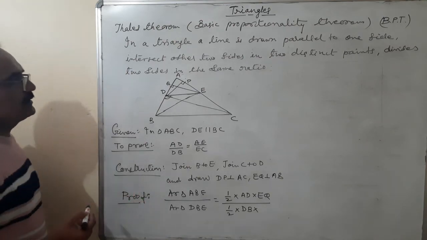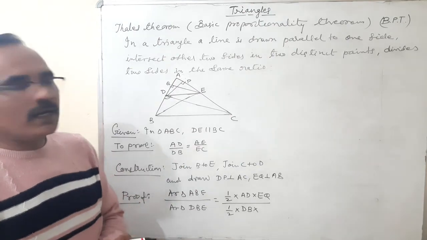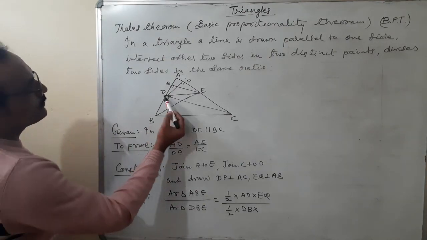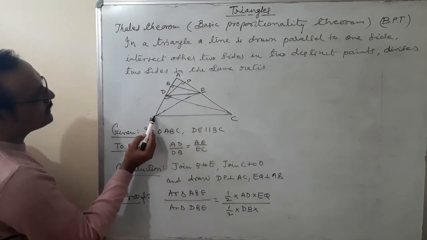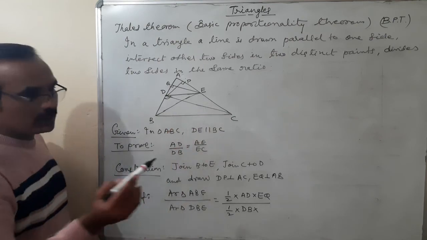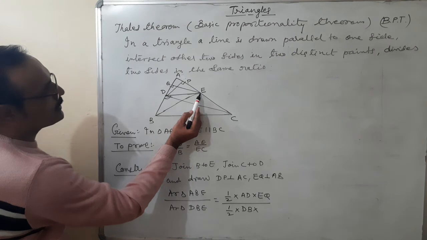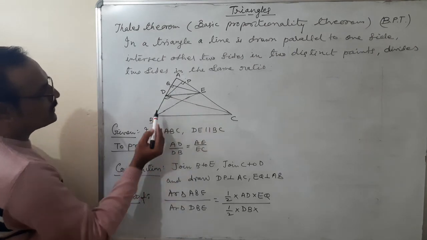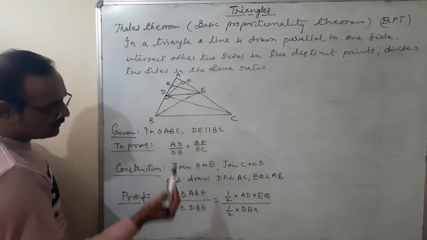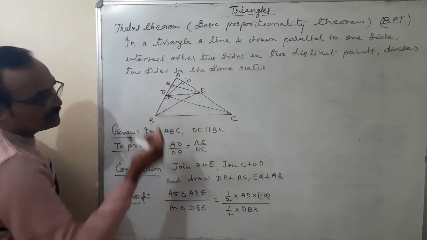And friends, when a triangle is an obtuse angle triangle, its height will be outside of the triangle. In this triangle, if that is the base and I want to draw the height from here, the height is by definition perpendicular on the base. So when we draw the height from here, definitely we have to extend this BD up to Q. What does it mean? Half base is DB and height is EQ.